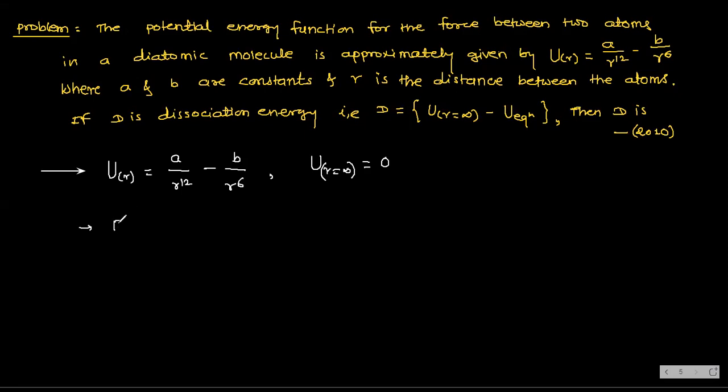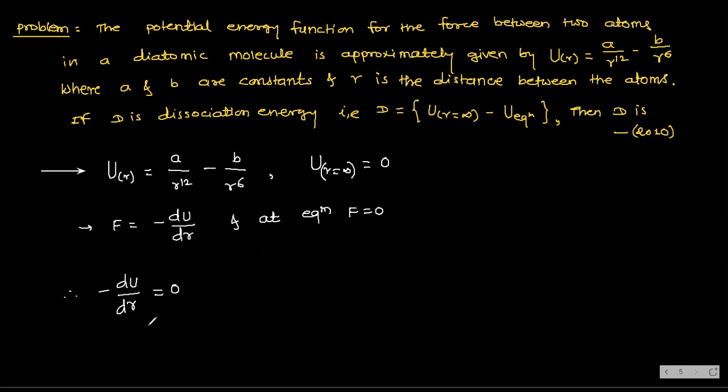Therefore F is equal to minus dU by dR, this is the formula, and at equilibrium F is 0. So we equate minus dU by dR to 0.